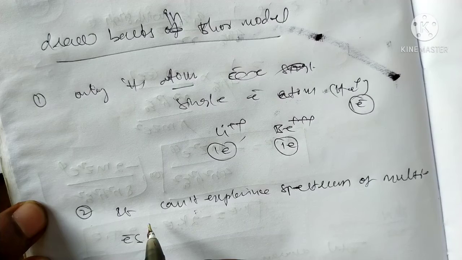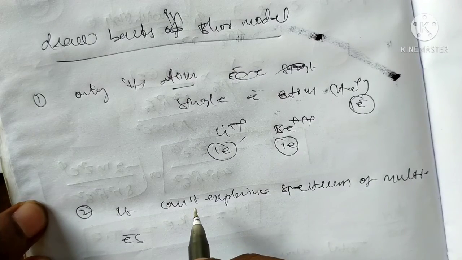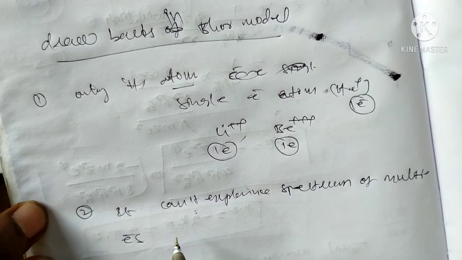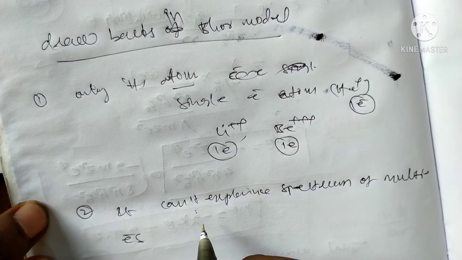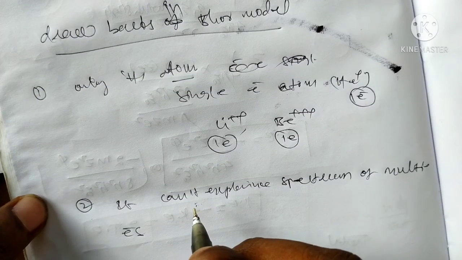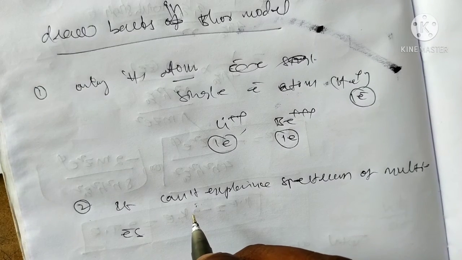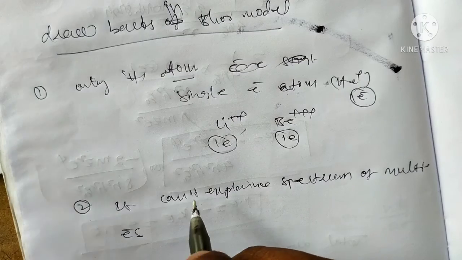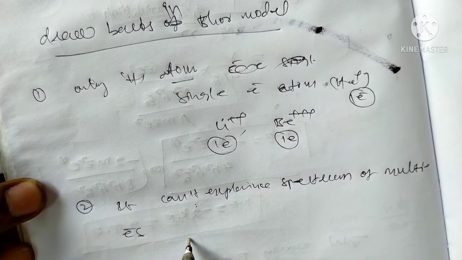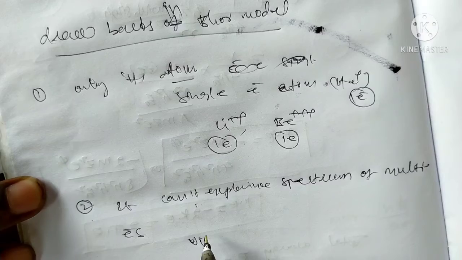Here also, it gives a spectrum for one electron, but it cannot explain multi-electrons. Multi-electrons means 2 electrons, 4 electrons, 5 electrons. You can't explain them. Also, it fails to explain the de Broglie hypothesis.